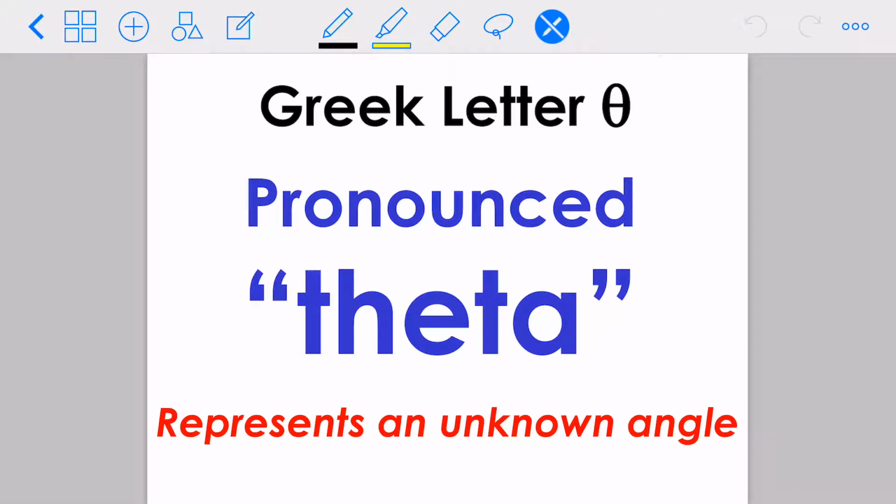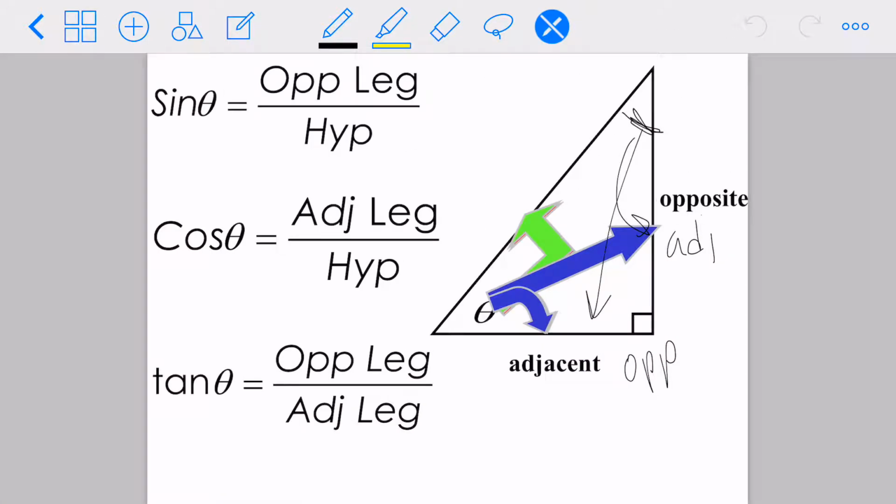So we've talked about the Greek letter pronounced theta, and it's for an unknown angle. It depends on our perspective. What if we're looking at sine, cosine, and tangent for our opposite and our adjacent? So if our theta is right there, your opposite is across from your theta.